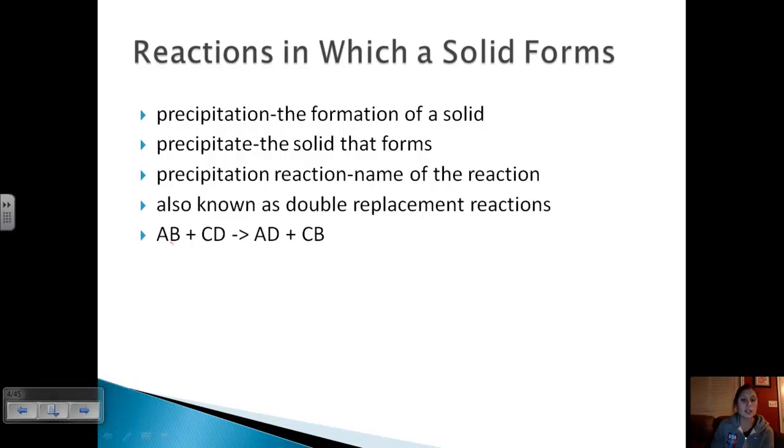Okay, and so we have the cation and the anion of one compound plus the cation and the anion of another compound, and as you can see, basically anions are switching places and then the cations are switching places. And so we get A to D, so a cation with a different anion, and C to B, so our second cation with the other anion, and we'll look at this in more detail.